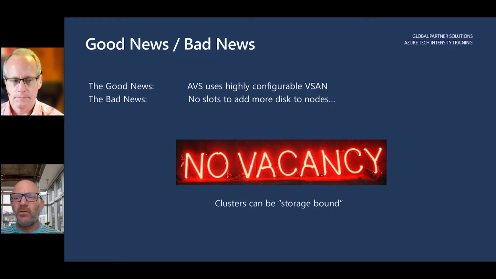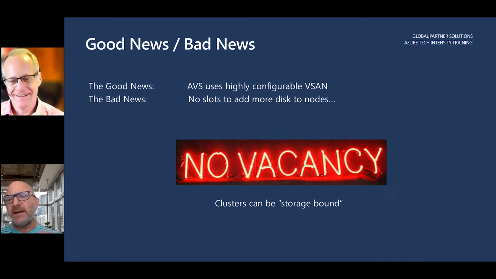And if you want to grow the amount of storage, you need to add hosts. And if you don't have that equal need for compute, it makes storage in Azure VMware Solution the challenge in bringing that to production. Because all of the AVS nodes are identical. You can't add another tray of disks to it. So as long as you want exactly what we've got, you're set.